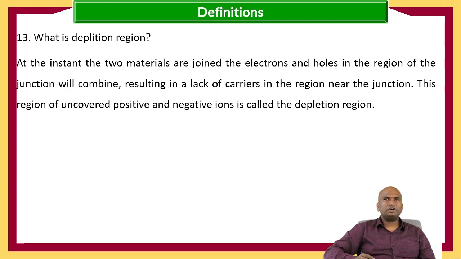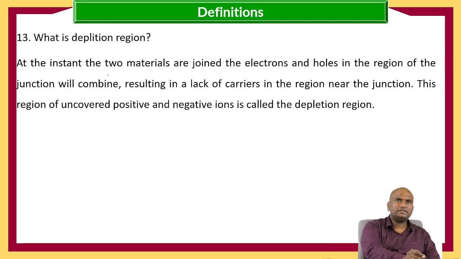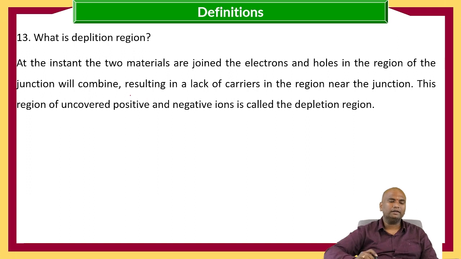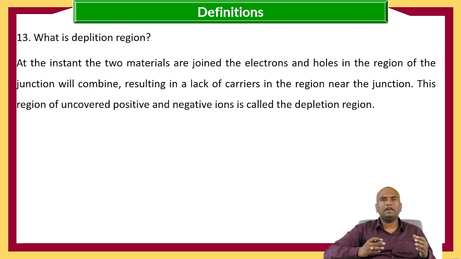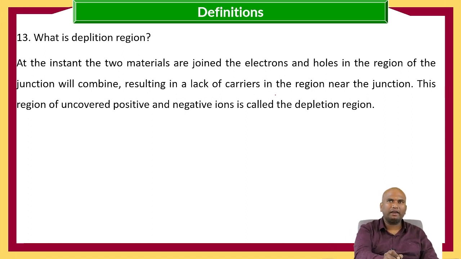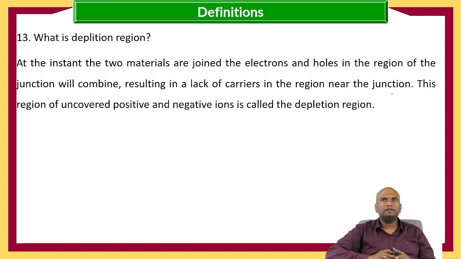Next, what is depletion layer? At the instant the two materials are joined, the electrons and holes in the region of the junction combine. Once the P and N layers are connected, the electrons and holes at the junction combine immediately, resulting in a lack of carriers in the region near the junction.